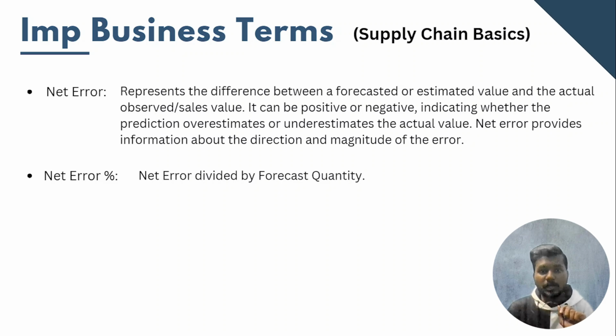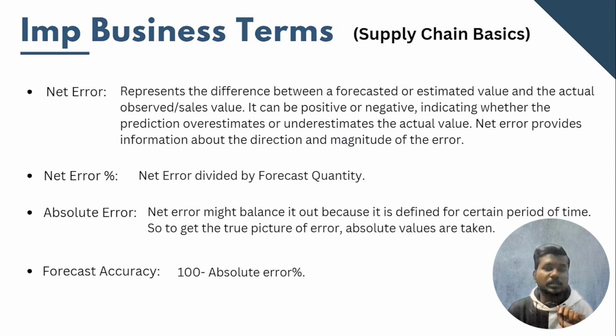Then comes the absolute error, and the need for it is due to the negative values, which we have to eliminate. So for instance, consider a mouse M1 with a net error of 50 and another mouse M2 with an error of minus 50. In this case, if I want to know my total net error for the mouse category, it adds up to 0, which is of course false. But when we take the absolute of it, it becomes plus 50, and now the total error would be 100.